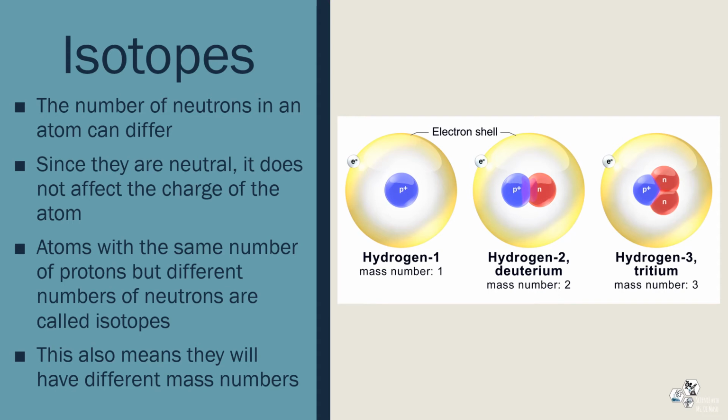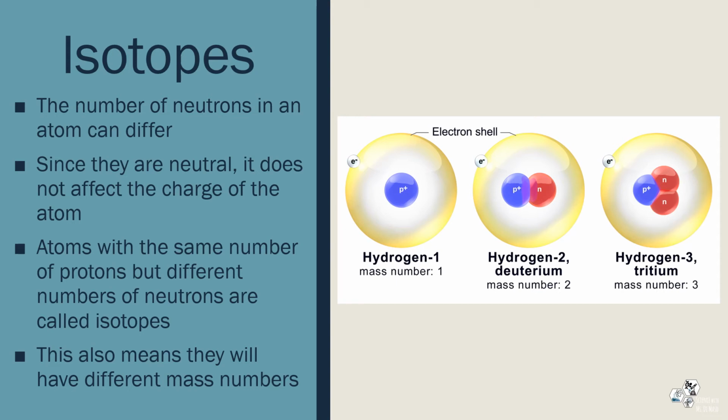Now, how do the neutrons really fit into all of this? Why do we not just say that there's always a set number of neutrons, and it's always whatever the mass number minus the protons is? Well, that's because the number of neutrons in an atom can differ.